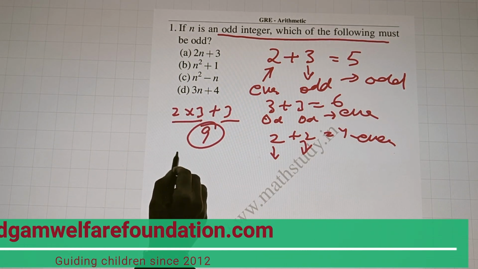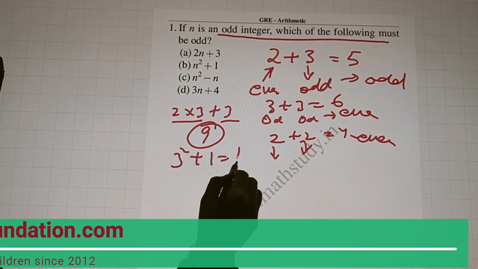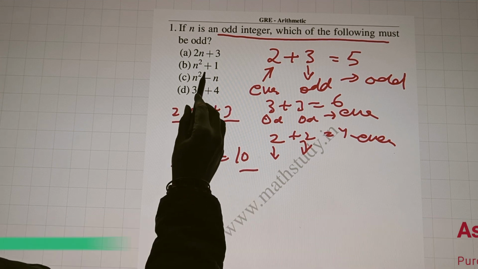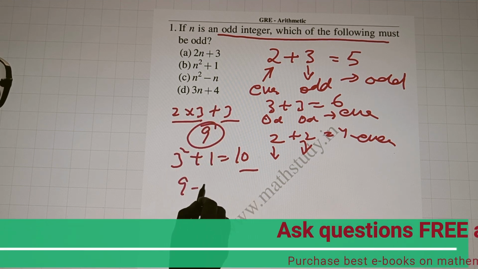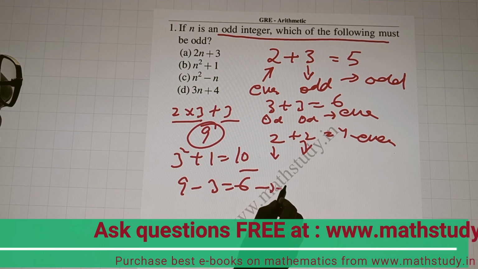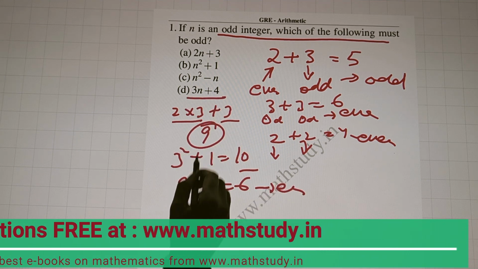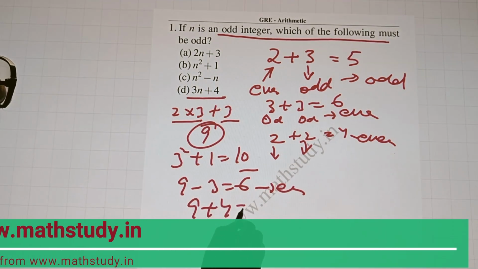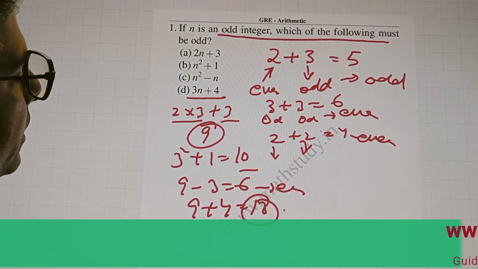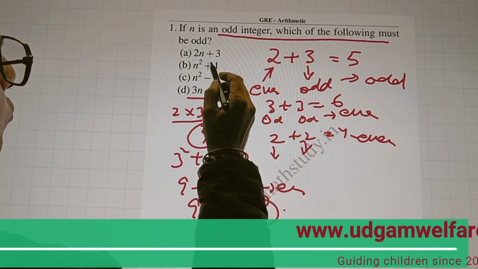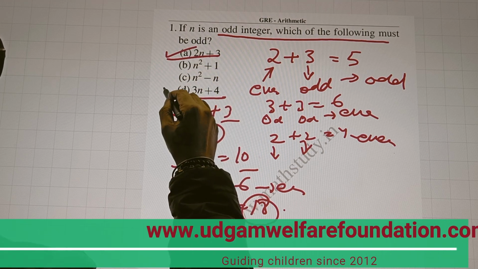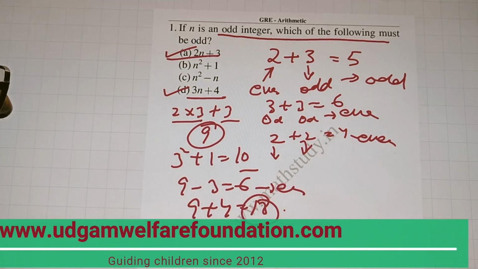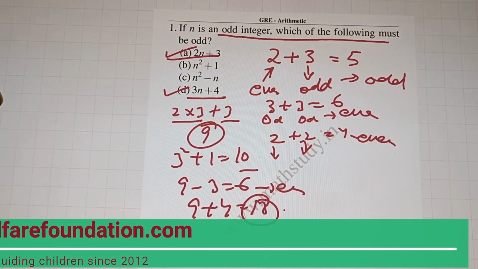Similarly, 3 square plus 1 is equal to 10, which is an even number. 3 square minus 3, that is 9 minus 3, is equal to 6. This is again an even number. 3 into 3 is 9, 9 plus 4 is 13. It's an odd number again. So here we have two options correct, right? A and D are the two correct options here. So we have a more than one option correct type here.